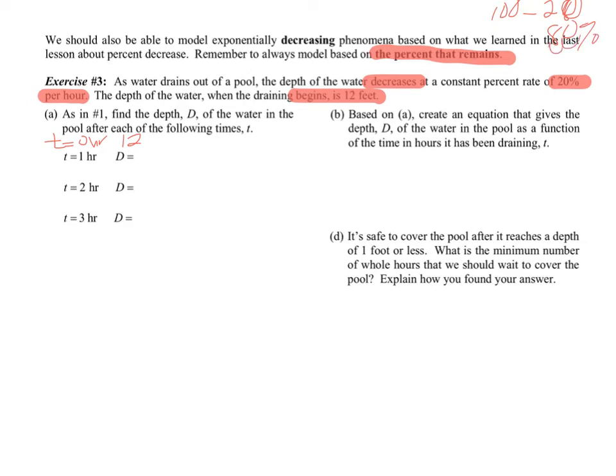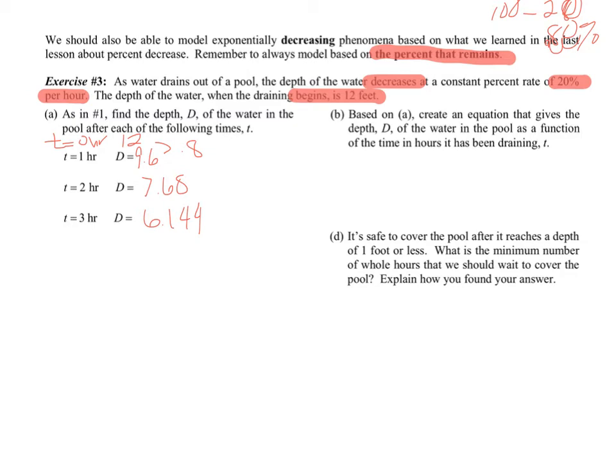Remember, change that to a decimal, which is going to give me 0.80. So I'm going to do 12 times 0.8, and I'm going to get 9.6 feet. Times 0.8 again will give me 7.68 feet. And then times 0.8 again, which is going to give me 6.144 feet.